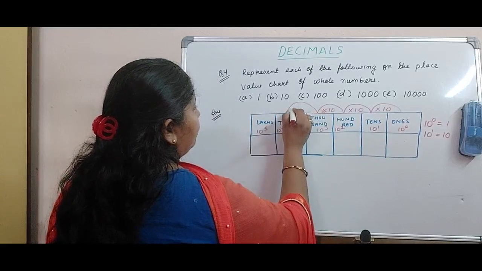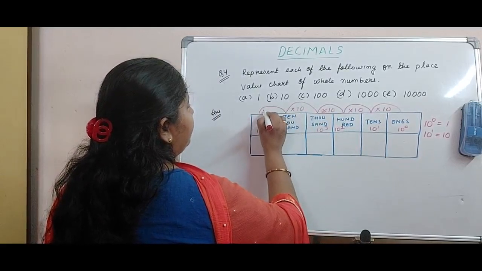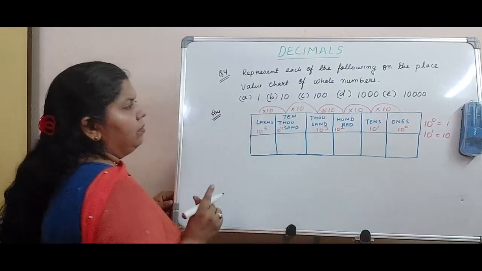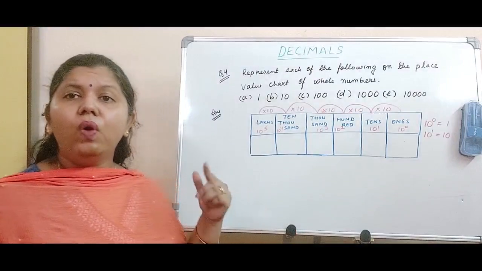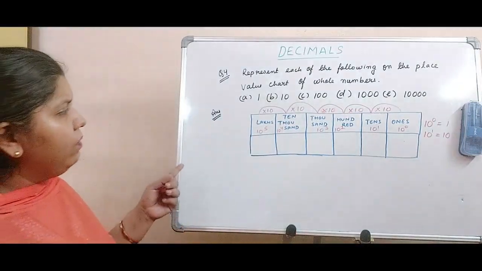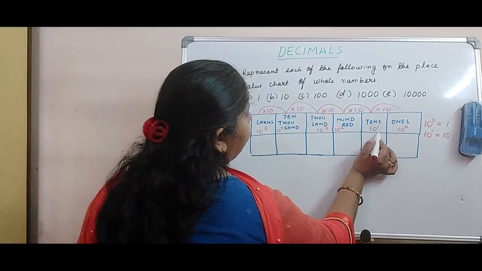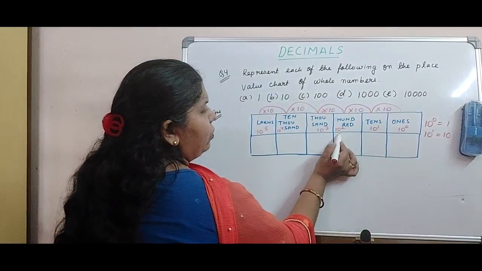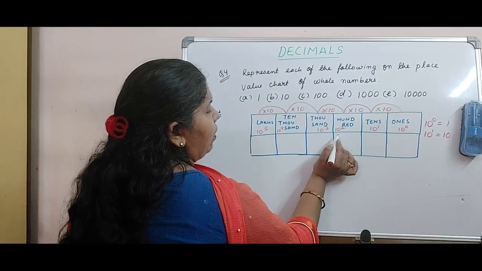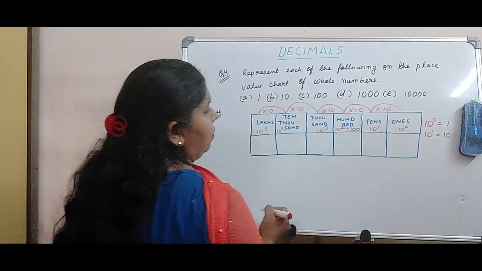Each time you move to the next place, you are multiplying with 10. Multiplying with 10 means with what are you multiplying? You are multiplying with these numbers. 10 to the power 0 into 10 gives you 10. 10 to the power 1 into 10 gives you 10 to the power 2, or what you call 100.